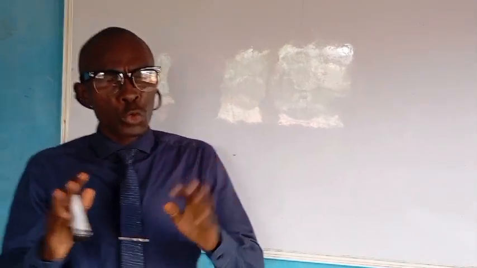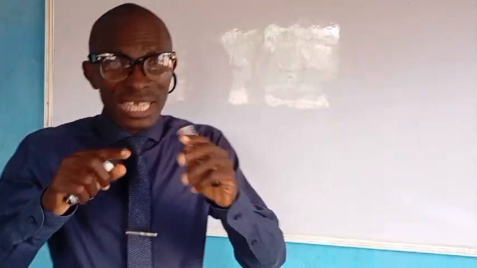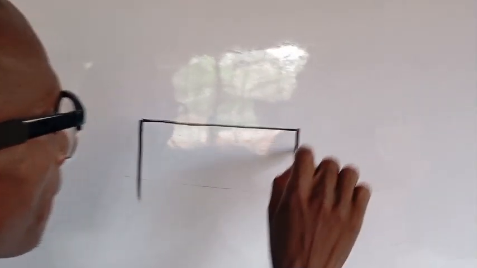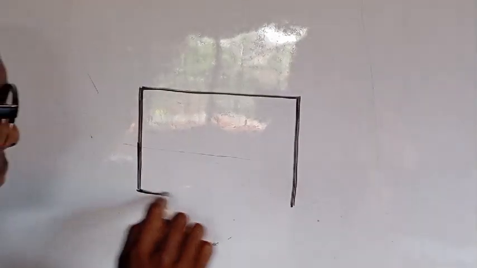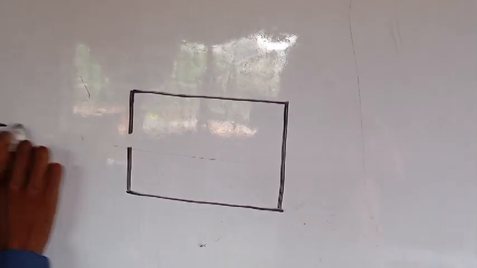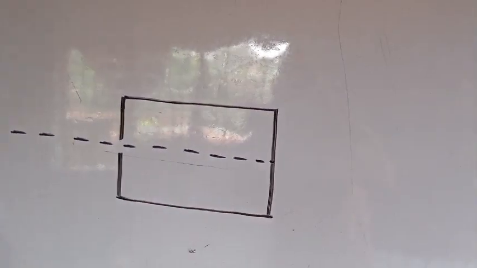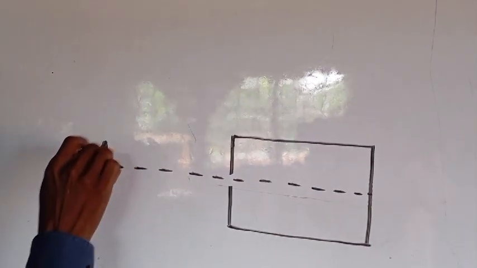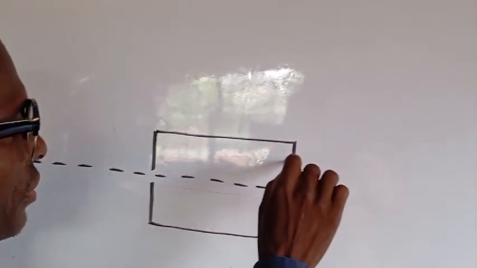Now, one thing I want to show you: the pinhole camera is a wooden box. It's something like this. Let me show you. If this stands as the object, now this is the screen.